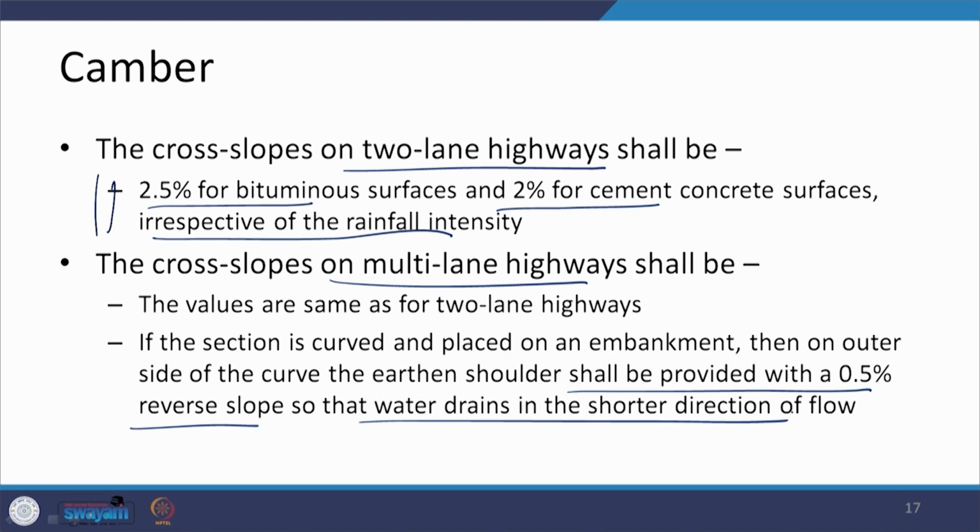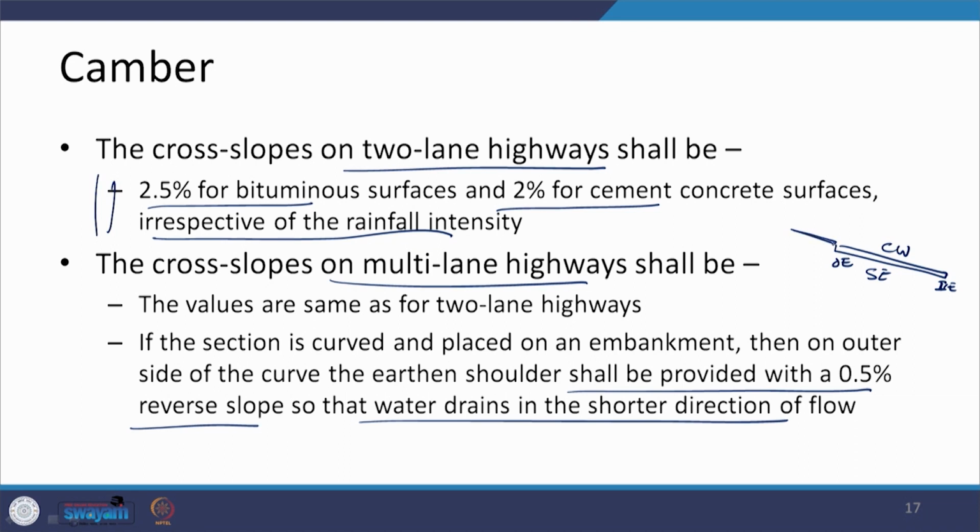What does that mean? So, when you have a curved section, I said that already we have a road which is in super elevation. So, this is a carriageway which is in super elevation, this is my inner edge and this is say my outer edge. Now, there is going to be a shoulder on this side. Now, when we talk about a normal shoulder, then that should have been like this, but that is not the case.